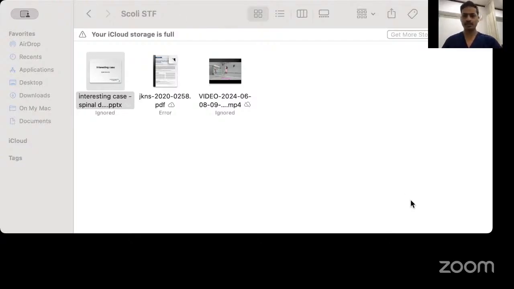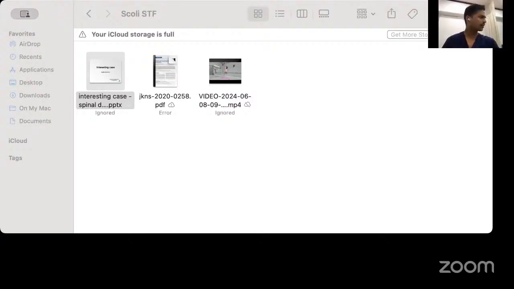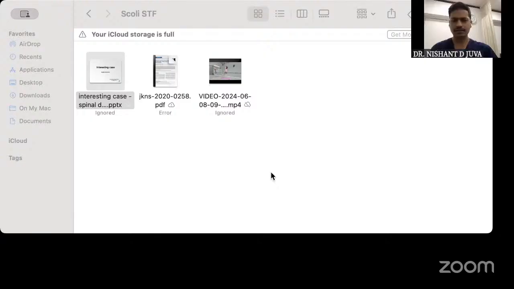That's it. Start sharing. Is it visible? No, we're seeing only your folder, but not the slides. Is it opening on the cloud? I think it's not opening on the cloud. No, it's downloaded on my Mac. You have shared the folder. You might need to reshare the screen as a presentation. Okay, I'll do it.